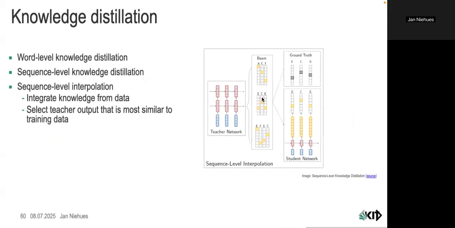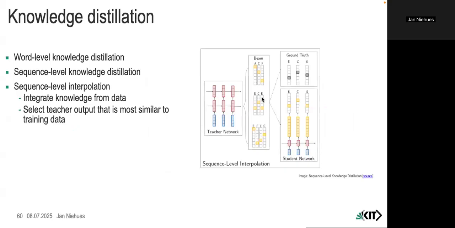And therefore, there's also a third way of doing it, which is called sequence level interpolation, where we try to also integrate the knowledge from the labels. What you do is generate outputs again with the teacher network, but then you're not taking the best one as before. Instead, you compare these three possibilities or so from the network to your ground truth, and then you take the one which is nearest to it.